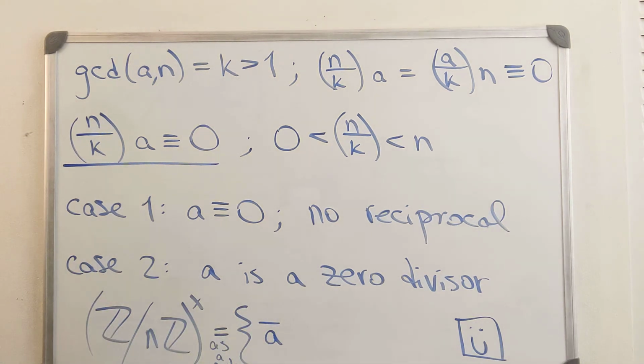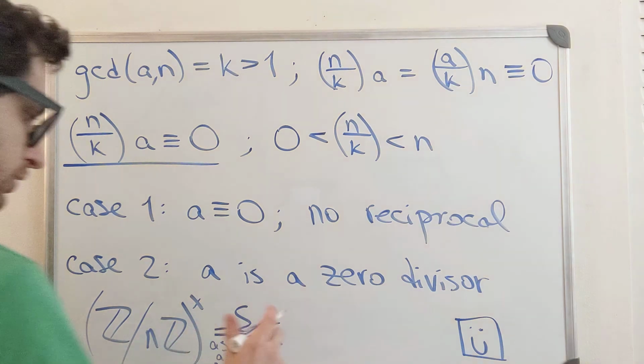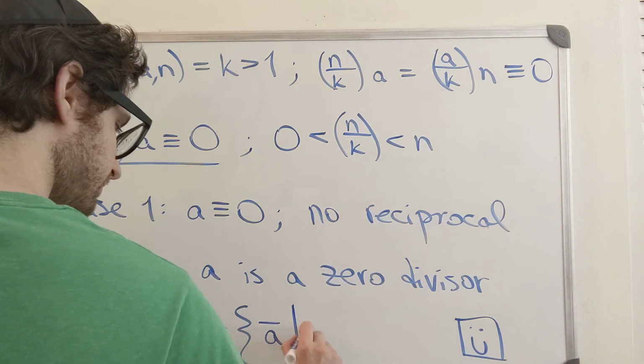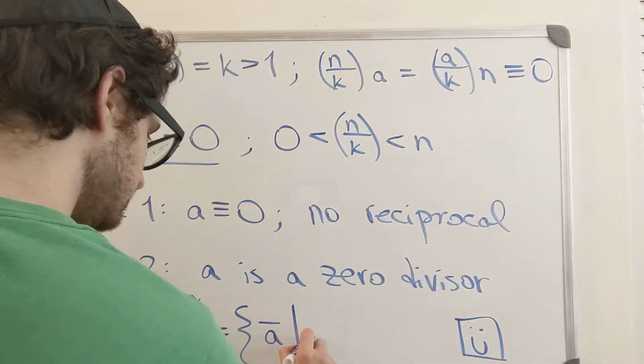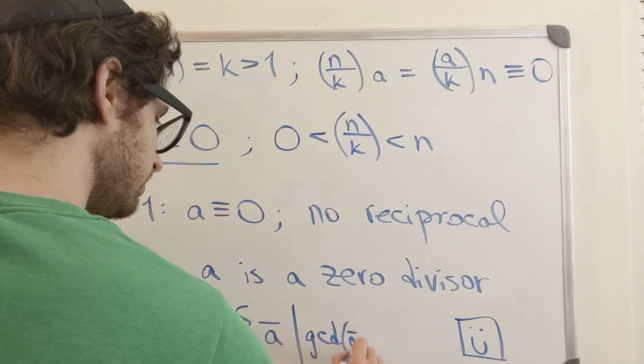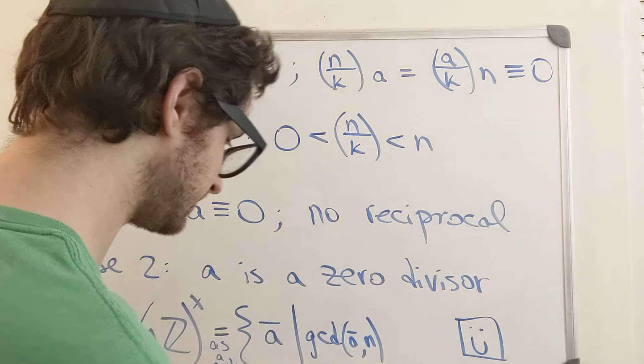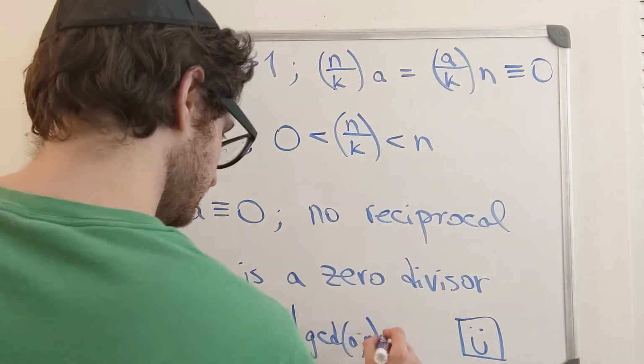That means that we're, in some sense, looking at things between 0 and n minus 1, such that GCD of a bar and n equals 1. I have to write GCD because I'm not using Dummit and Foote's notation with the parentheses.